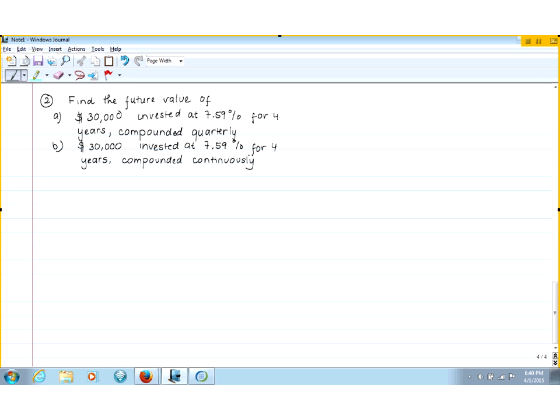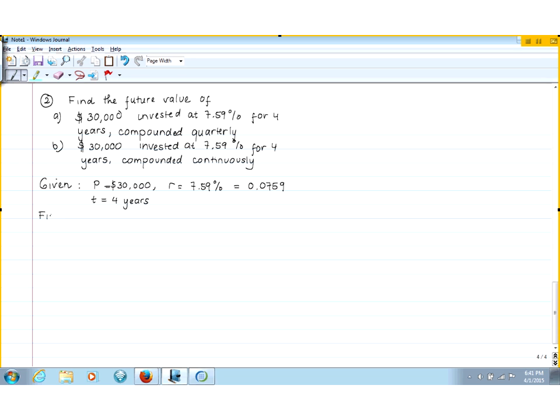Alright, so in this case what we want to do is just use the formula. So what is given? For both we know that the $30,000 invested is the principal or initial value or present value. So P is 30,000 and R is equal to 7.59%, but we have to change R to decimal, 0.0759.